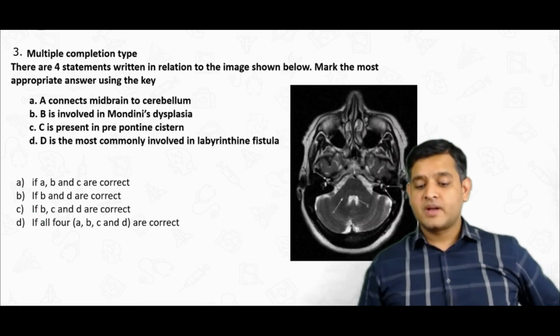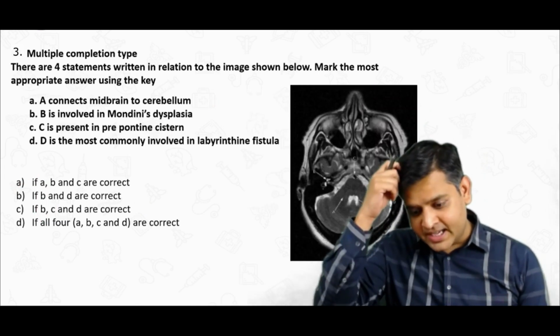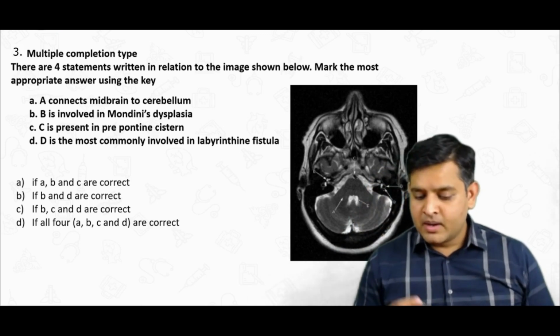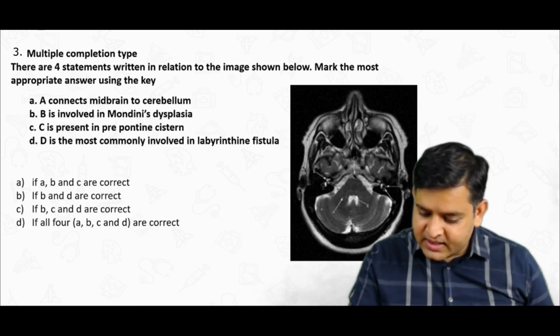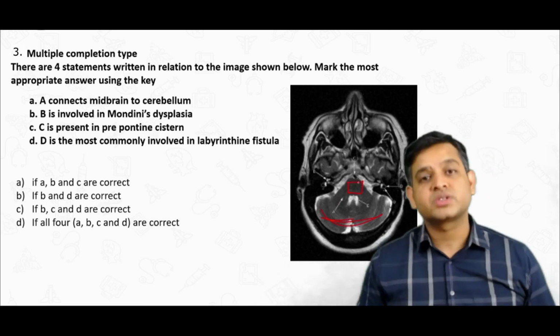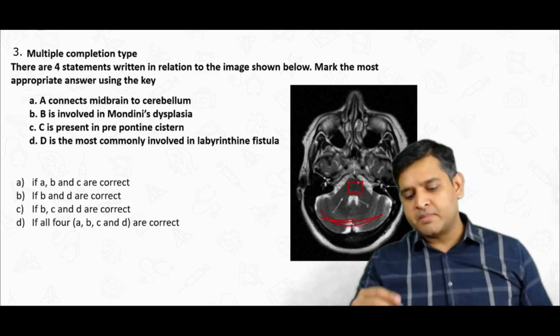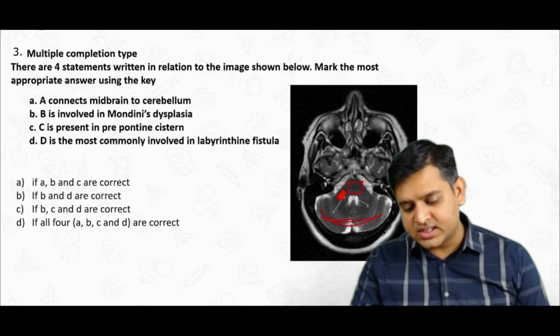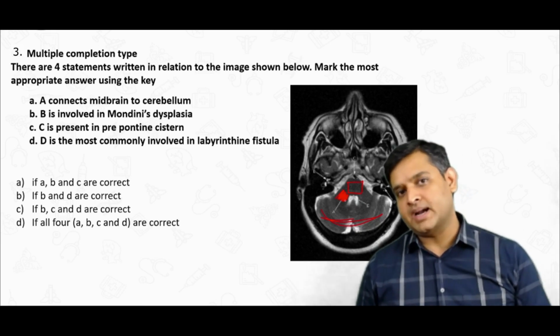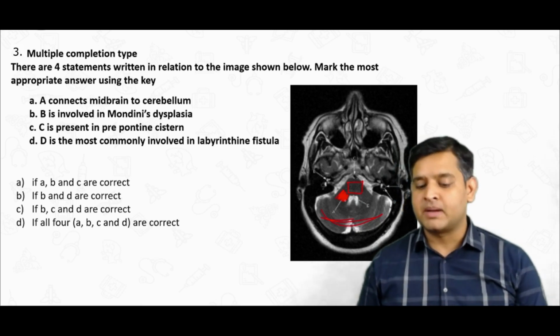Now again, see this T2 weighted axial MR. I'm not sure how many of us can pick it up, but what we can see is that this structure is the cerebellum and this structure is the pons. We know the pons and cerebellum are connected through the cerebellar peduncle, which is the middle cerebellar peduncle.